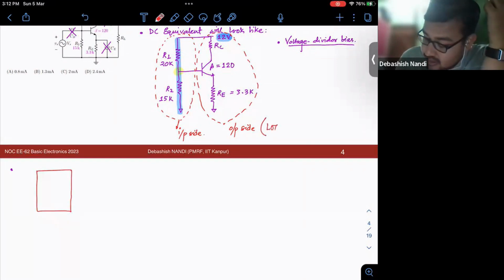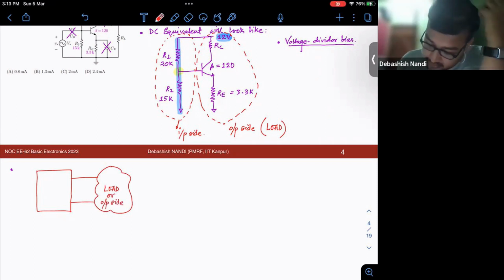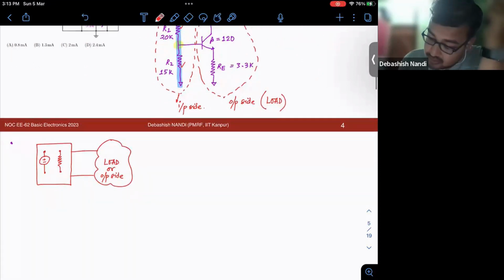Let's call this load. In general terminology, these are right. So this is your load or output side. This, what do you have? You have a voltage source and some resistance, right? This is resistance, and this is common to this side also. So this is a voltage source.